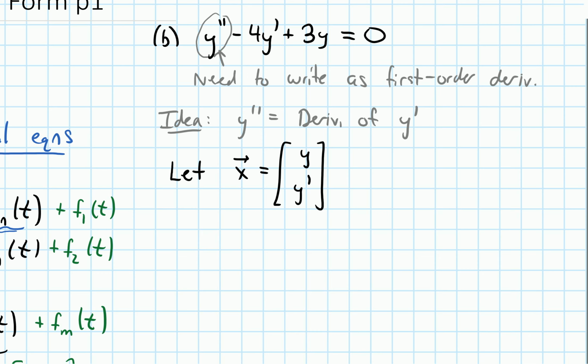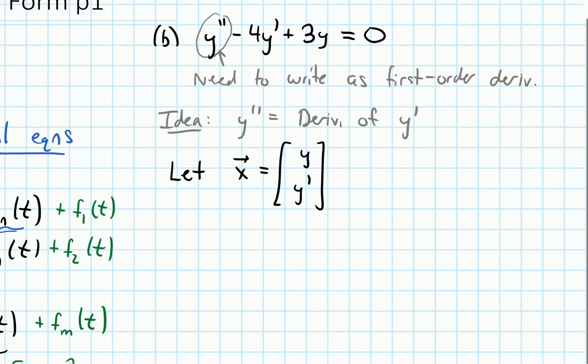So I need this vector to contain the original function and all of its derivatives up until one below the highest order that I see. So here I see order 2, so I go up until y prime. If my differential equation had been order 10, then I would have kept going until the 9th derivative of y.